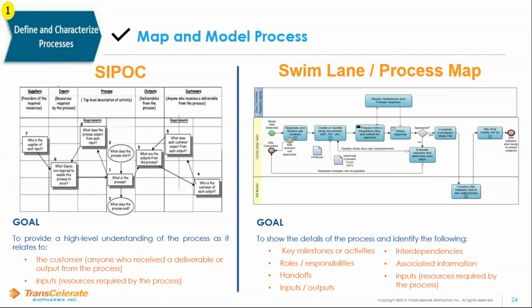The SIPOC is a process management tool from Six Sigma practices. This basic diagram begins to shift thinking to process or customer-driven thinking. The goal of the map is to provide a high-level understanding of the process, its boundaries, and the scope. From the initial high-level SIPOC diagram, teams can create a more detailed process map.